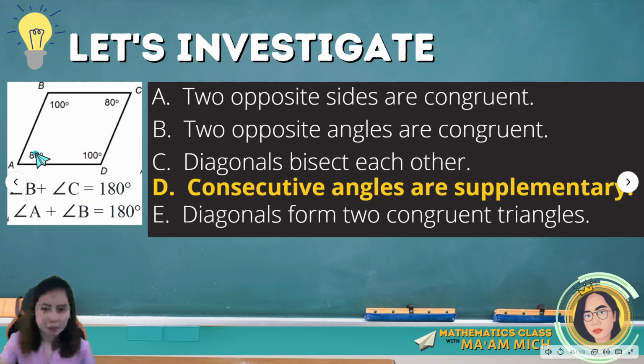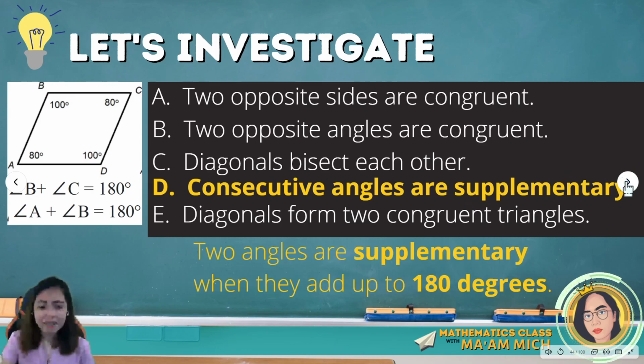What is their relationship? Angle B and angle C, angle A and angle B. Very good. They are consecutive angles. Therefore, they are supplementary. Two angles are supplementary when they add up to 180 degrees.